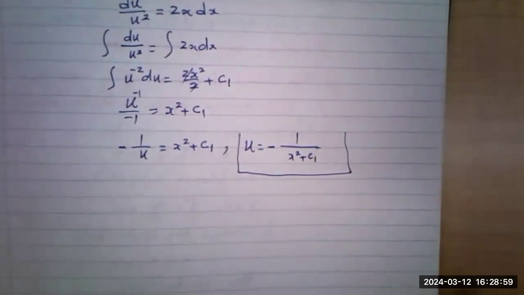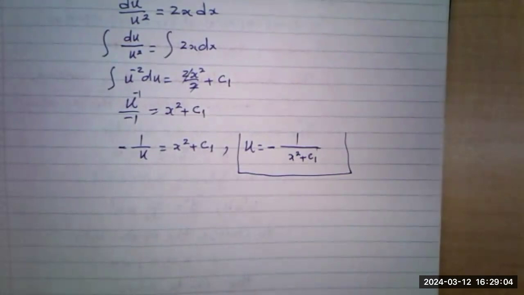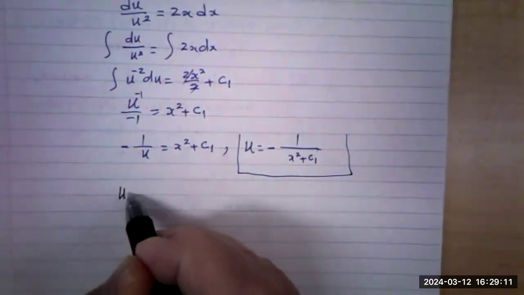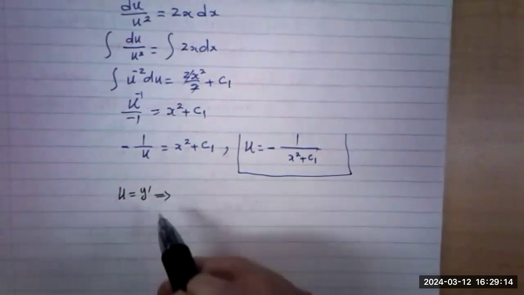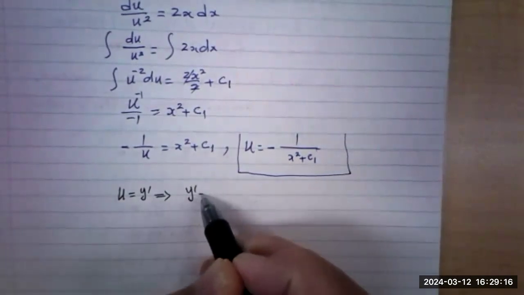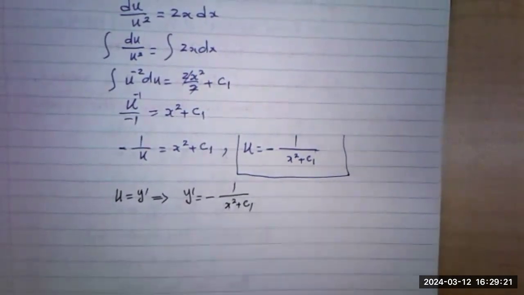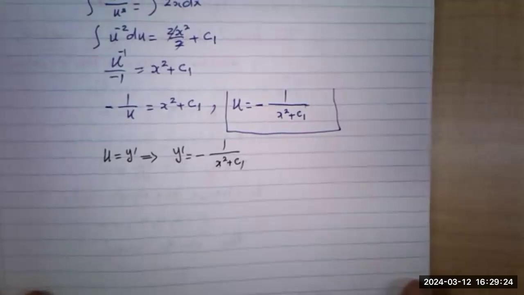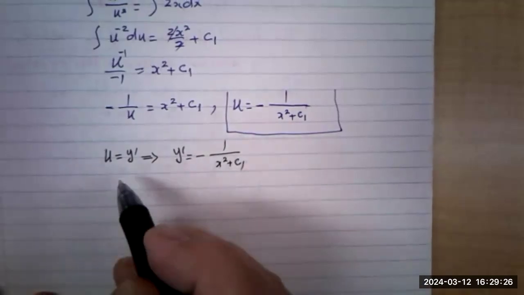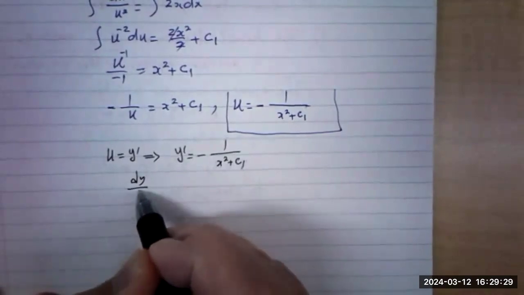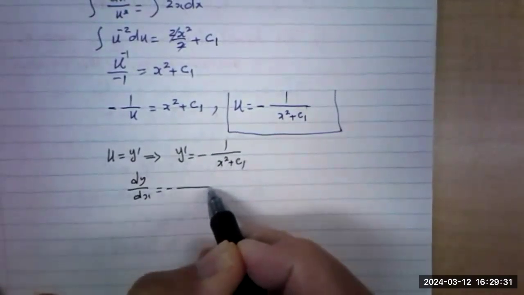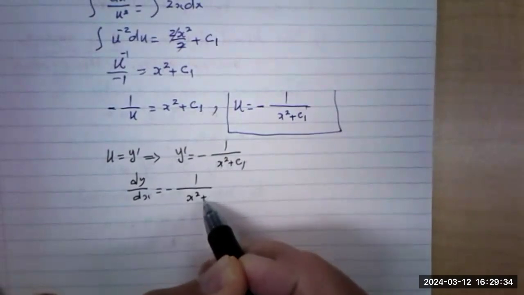Any question? Again, if you have any information, you just operate it to get the c1 over here. Otherwise, you have to continue to get u. Remember, u is y prime. So the new situation would be y prime equals negative 1 over x squared plus c1. We have to solve this equation. We change the y prime to dy/dx and continue. So dy/dx equals negative 1 over x squared plus c1.